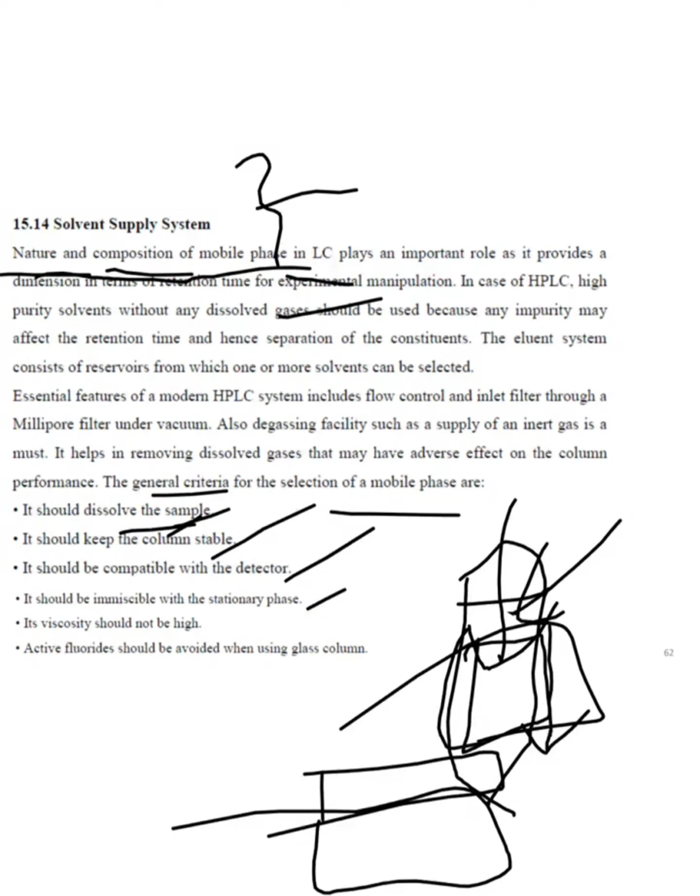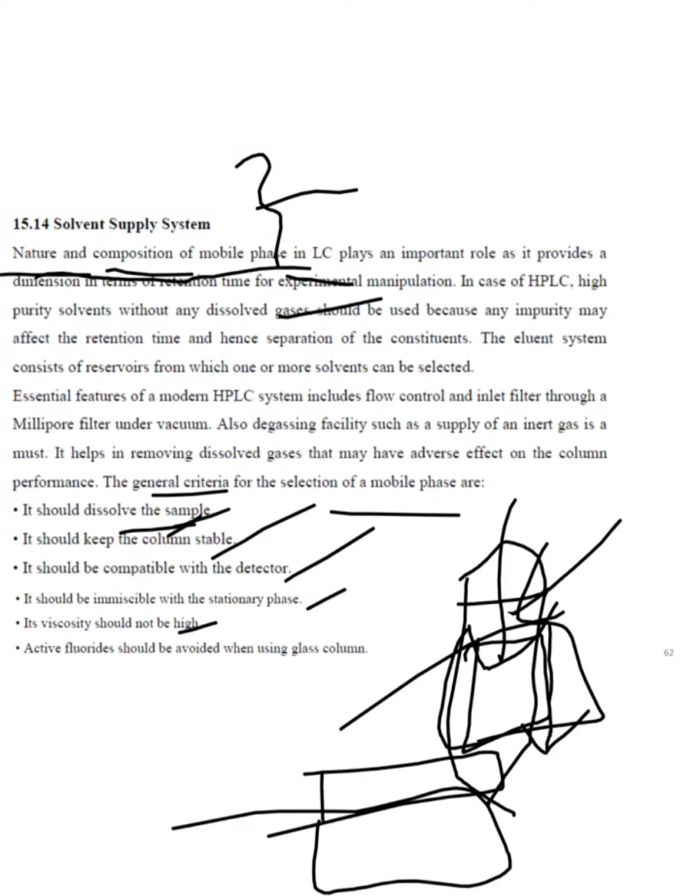Further, the viscosity of the given solvent should be low. It should not be very high. For example, water has low viscosity, and for high viscosity you can take the example of syrup.